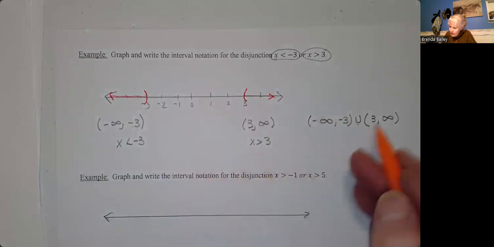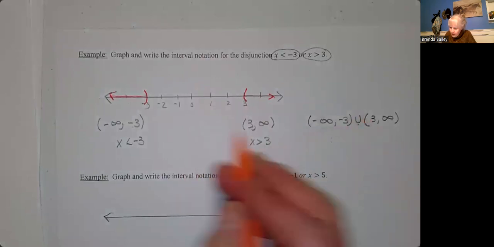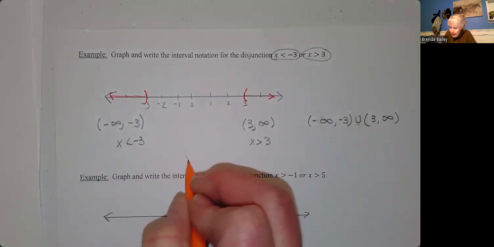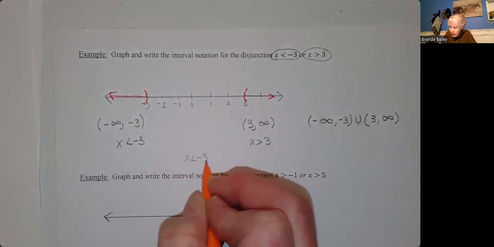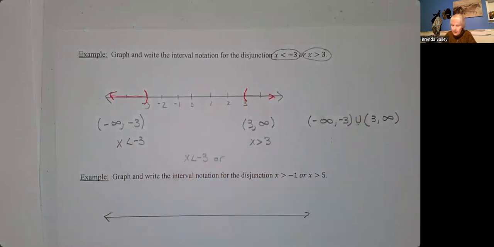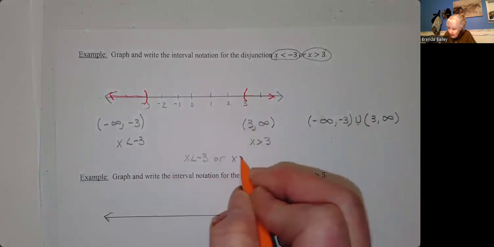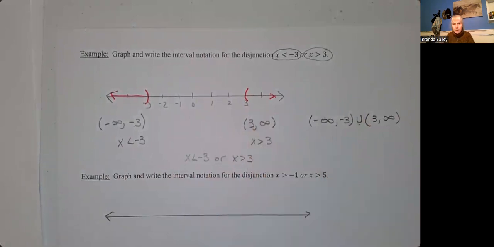Instead of a union symbol, you would write x is less than negative 3, or x is greater than 3. So you can do either here or here, and then graph it.